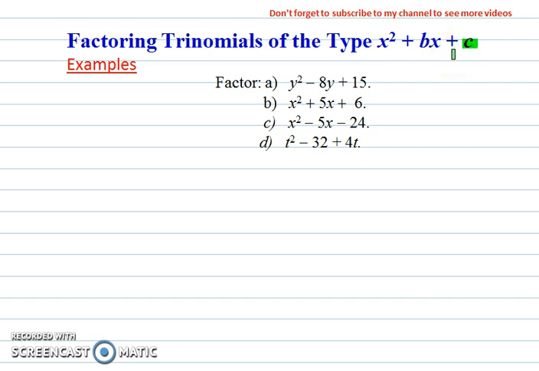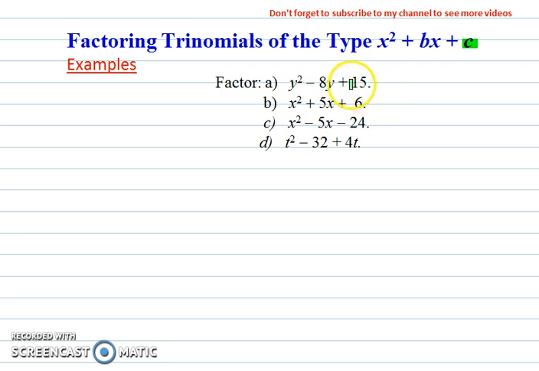In this video, we're going to see a couple of examples of trinomials that we're going to factor. The first trinomial is y squared minus 8y plus 15.